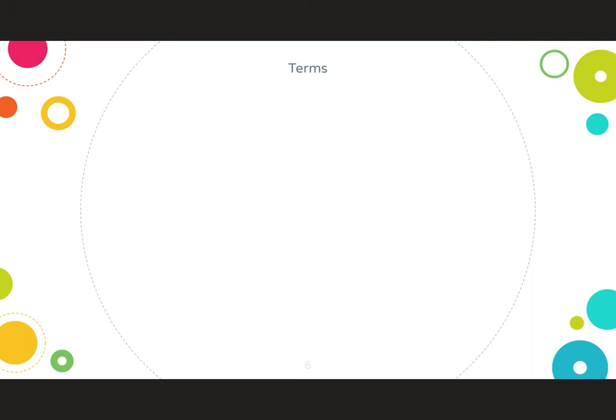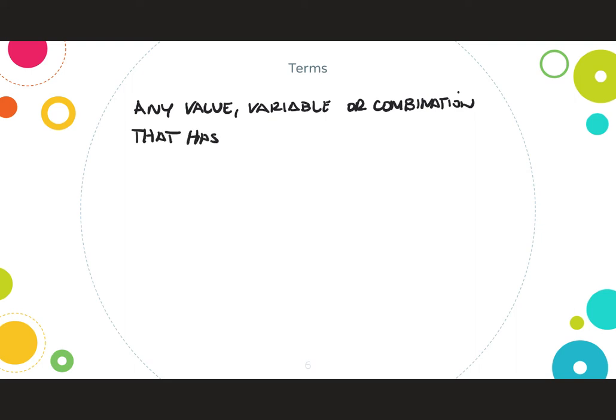So a term is any value, variable, or combination that has their own exponent and team.